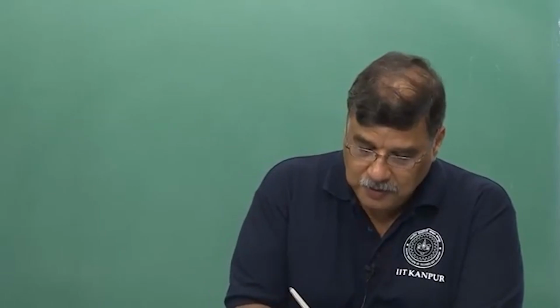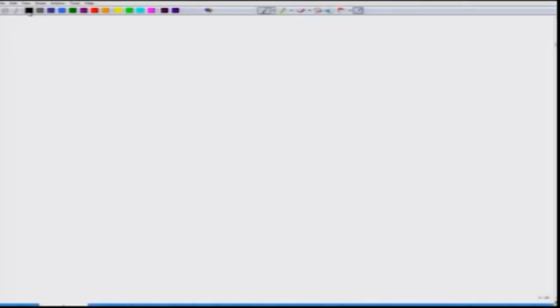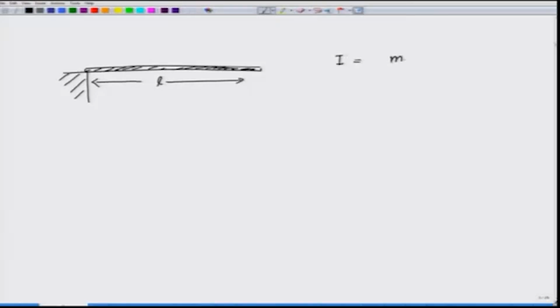To understand what happened, let us now make this rod again. When it is released, it is rotating about this point here. Let us take the length of the rod to be L. Assume the rod to be uniform, so that its moment of inertia I is mL square by 3 about this point, which I will call O for clarity.